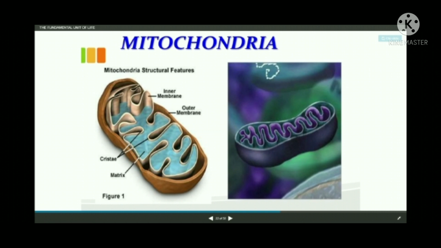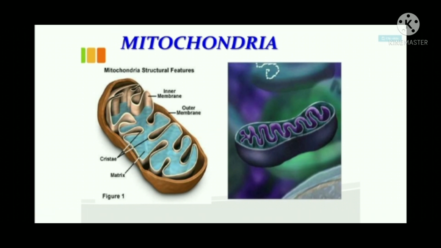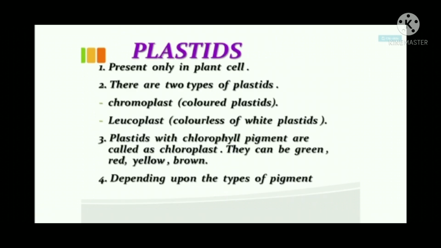Plastids are present only in plant cells. There are two types of plastids: chromoplast and leucoplast. Chromoplasts are colored plastids. Leucoplasts are colorless or white plastids. Plastids with chlorophyll pigments are called chloroplasts. They can be green, red, yellow and brown depending upon the types of pigments.